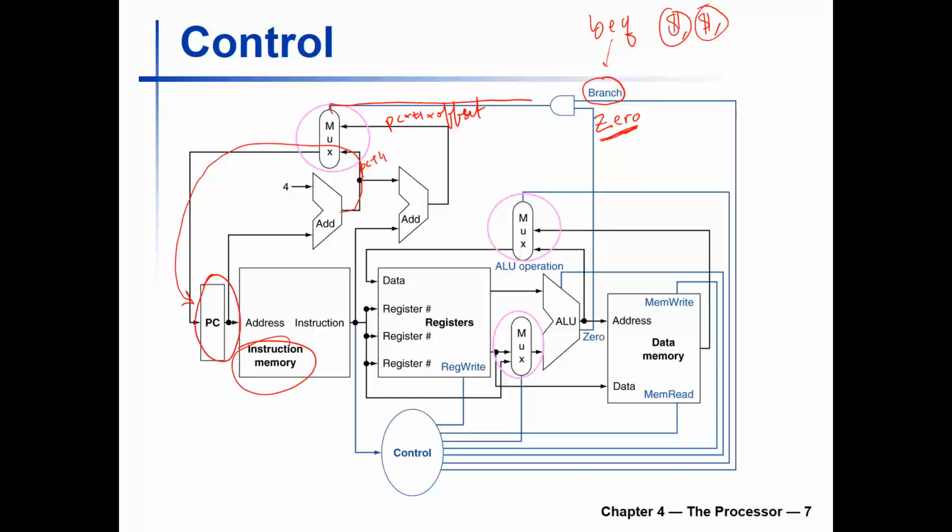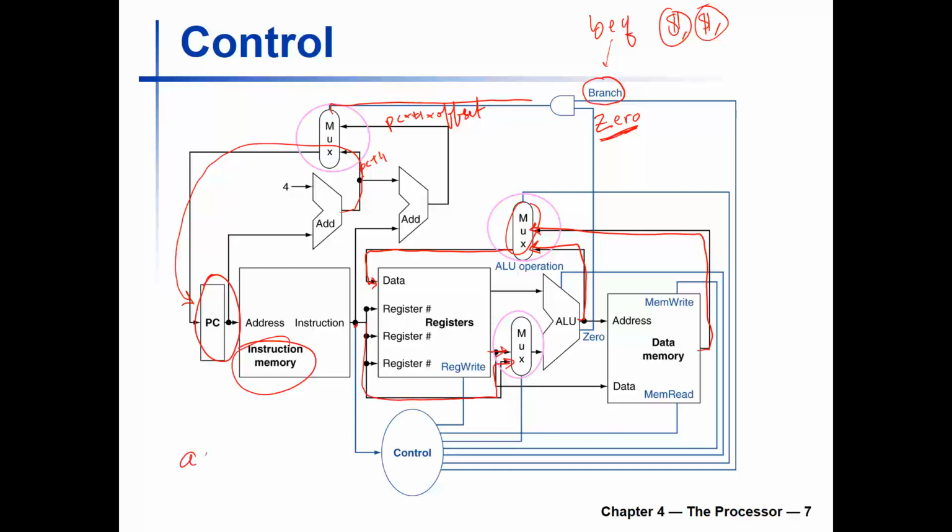Now, in terms of data coming either from the memory in the case of a load, or the result of the ALU in the case of ALU operations, we need to select which one needs to be saved in the register file. So we need a multiplexer here. And sometimes the second operand in the ALU is a register from the register file, or immediate data from the instruction.